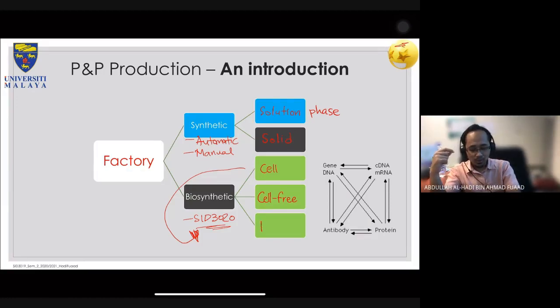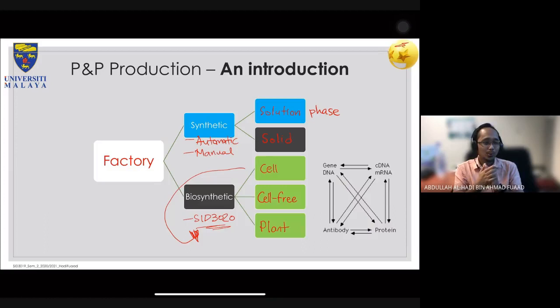And the second one is you can actually use a plant. Okay, so it's a plant-based synthesis. So we as a human, we also produce proteins and peptides. Animals also produce protein and peptides, and we can use them. Okay, but in ethical perspective, to use an animal or human to actually produce something that is going to be used by humans are really not ethical.